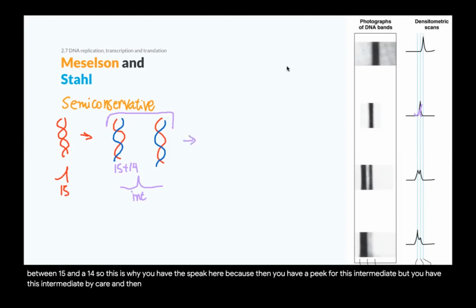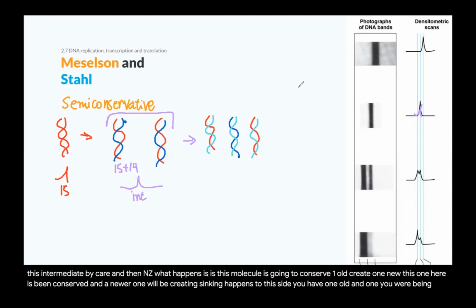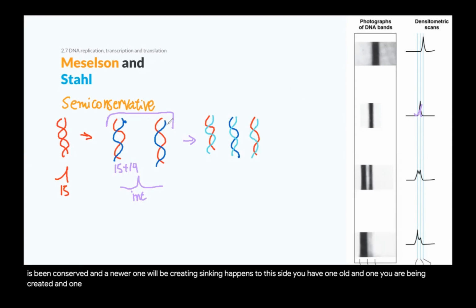And then what happens is this molecule is going to conserve 1 old, create 1 new. This other one here is being conserved, and a newer one will be created. Same thing happens to this side. You have 1 old and 1 newer being created, and this one here, 1 old and 1 newer being created.